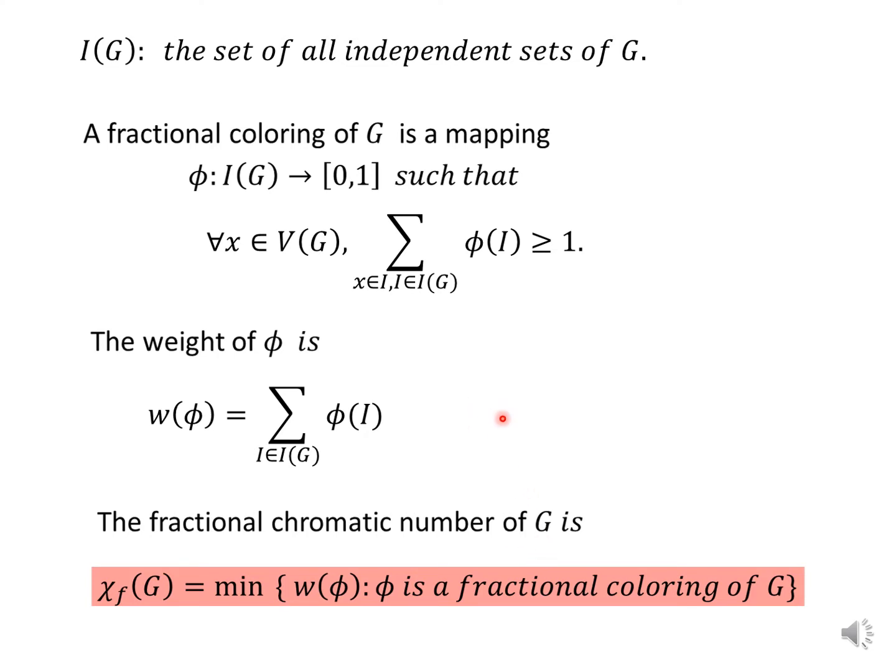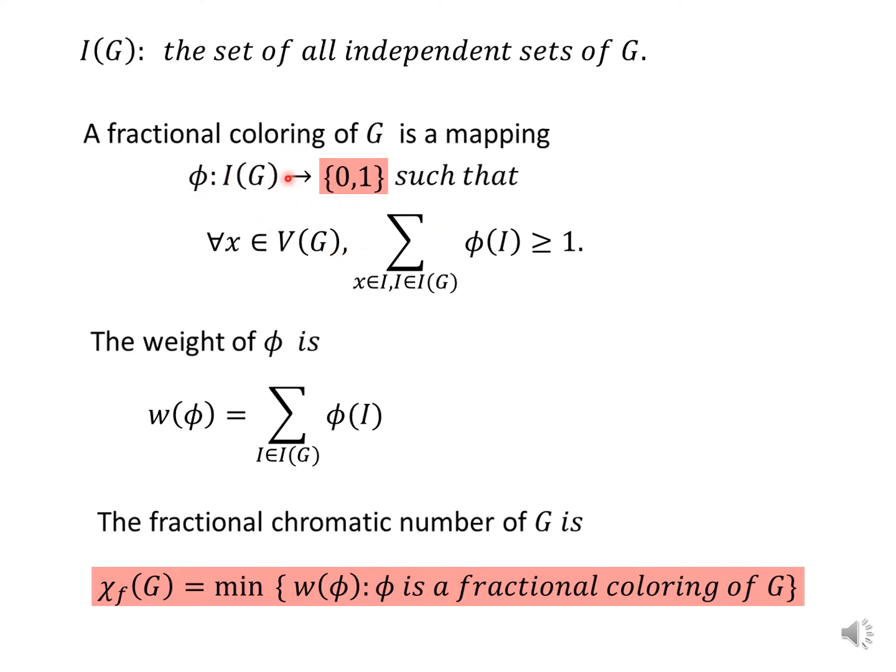Note that if, instead of the interval [0,1], we assign weight 0 or 1, that means the weight of each independent set is either 0 or 1. Such a mapping is actually a selection of independent sets. Those independent sets that map to 1 are selected, and those mapped to 0 are not selected.